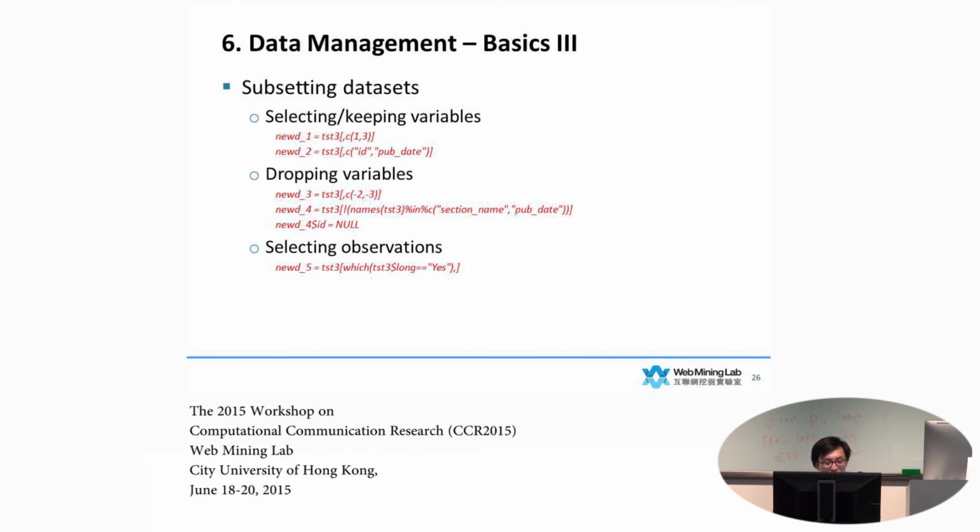Right? This is a vector called ID and publication date. And this is a names vector with 8 variables. That means we only need the columns whose names are in this vector, ID and the publication date.